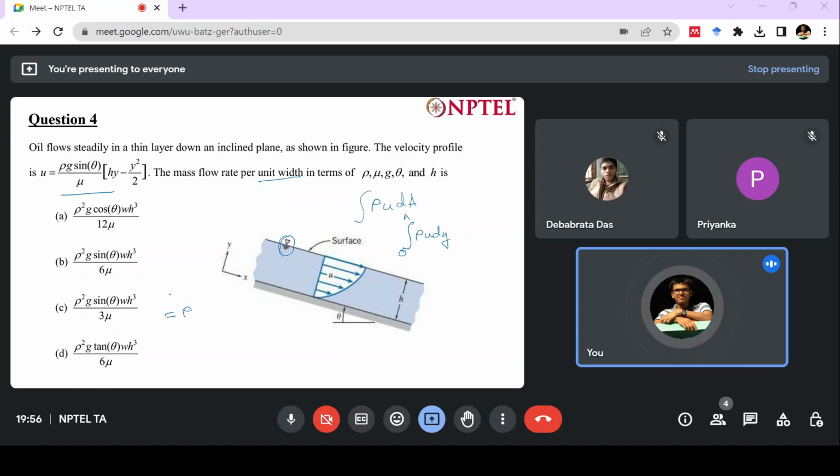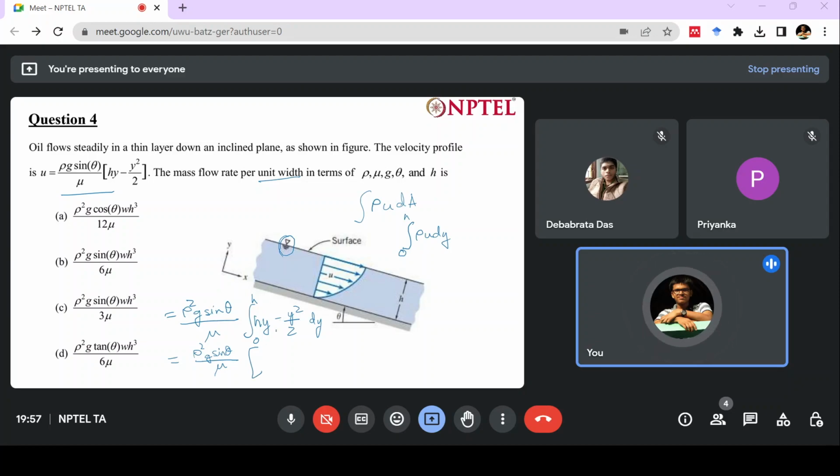In u also there is a rho, rho square g. So this is y dy.